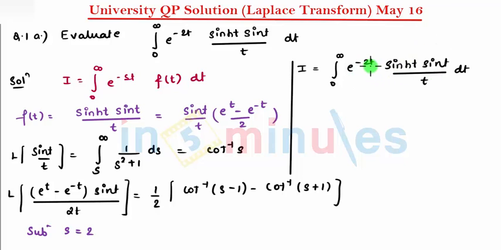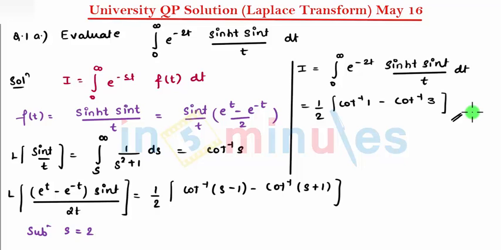So this is my function e raised to 2t. Let's substitute here. So 1 by 2 cot inverse, when I substitute 2 here, 2 minus 1 is 1, minus cot inverse of 2 plus 1, that becomes cot inverse 3. So you can find the values of this, and that comes to be your final answer.